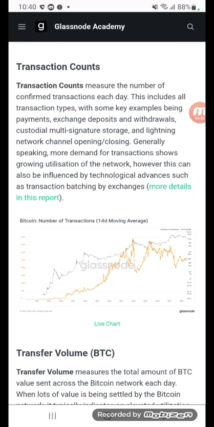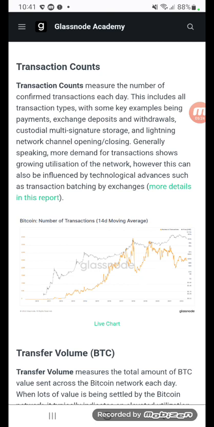Transaction counts: transaction count measures the number of confirmed transactions each day. It includes all transaction types, with some key examples being payments, exchange deposits and withdrawals, custodial, multi-signature, storage, and Lightning Network channel opening and closing.